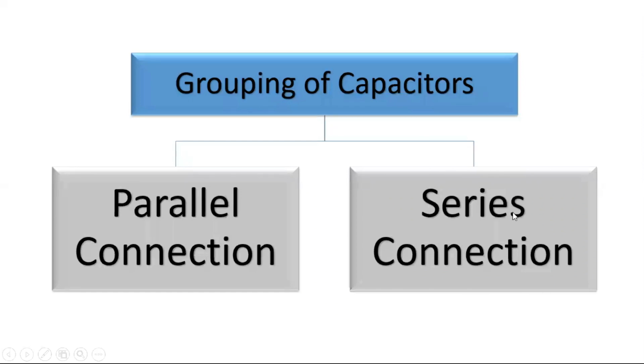So here we'll be discussing how capacitors are arranged in any circuit, how we can connect them. There are basically two ways you can connect a capacitor to another capacitor in a circuit. One way is we connect them in parallel, and the other way is connection in series, right?